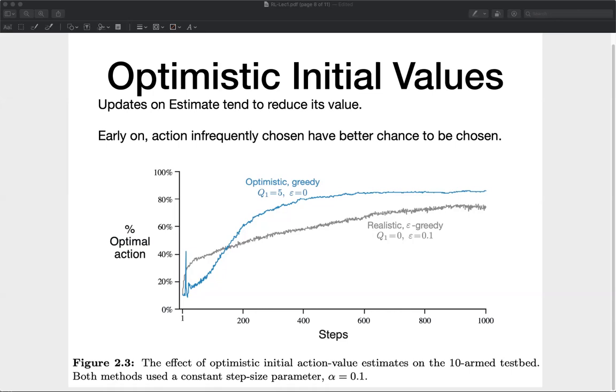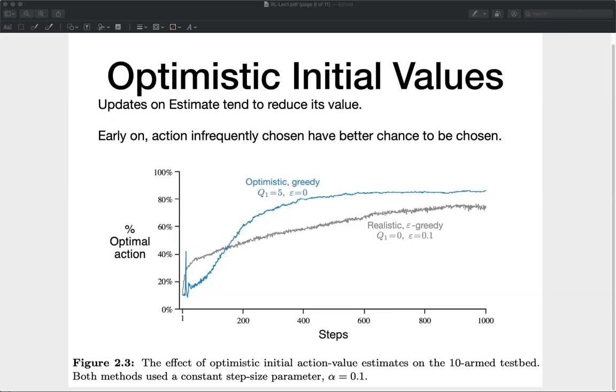And it's just a strategy to improve the results that you get here. So here it's completely greedy. You're not taking any random steps, but you set the initial values optimistically. At first it's terrible.